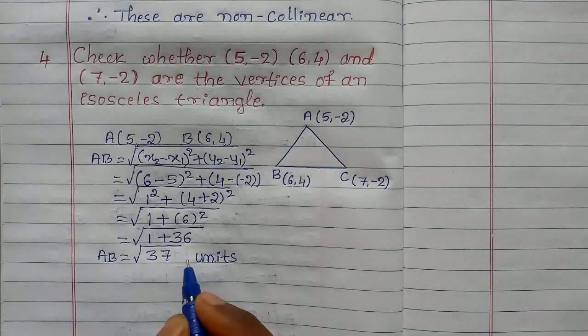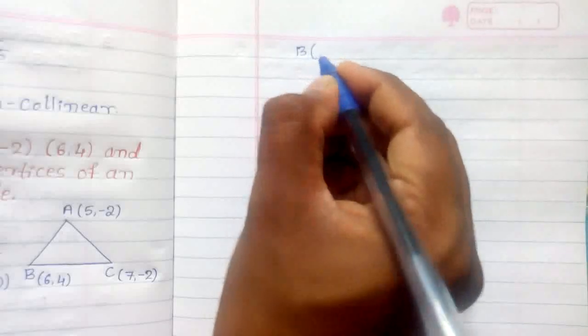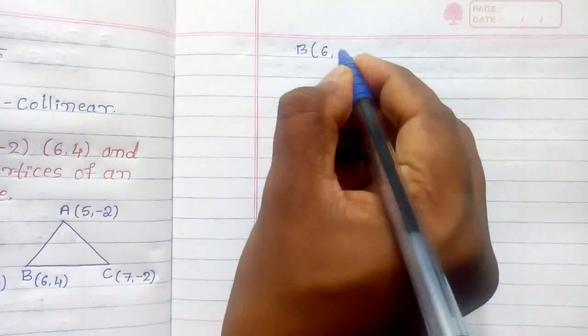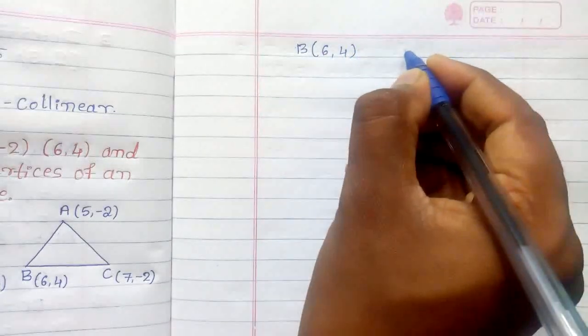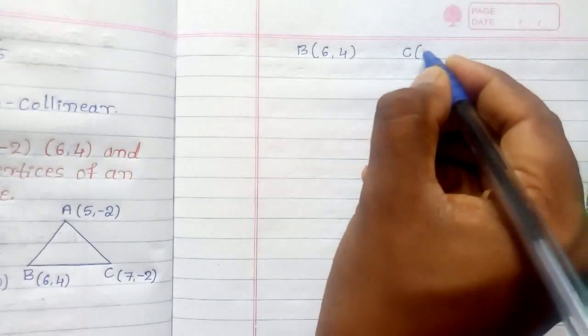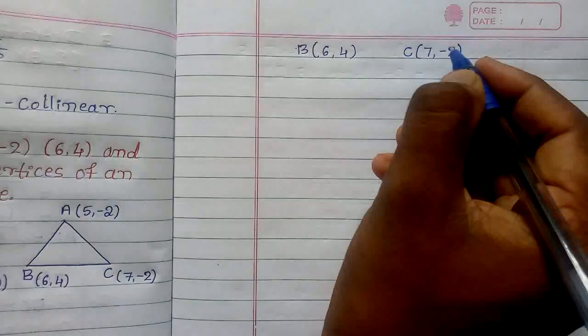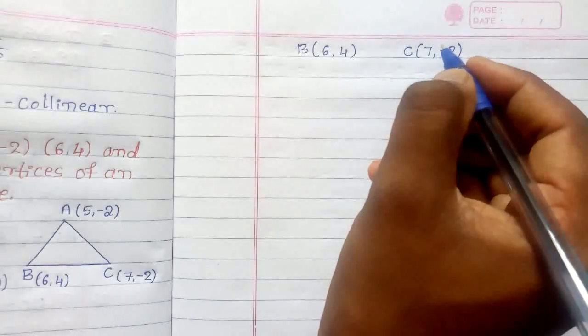Similarly, we have to calculate the next one, BC. B coordinates are 6, 4, and C coordinates are 7, minus 2. Now we have to find the distance of BC.